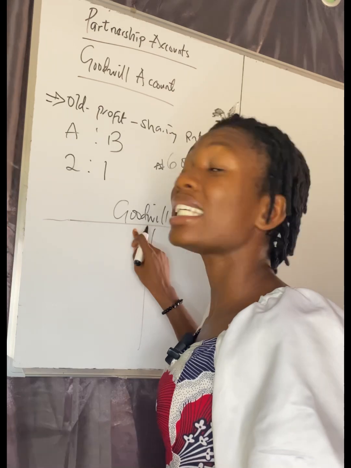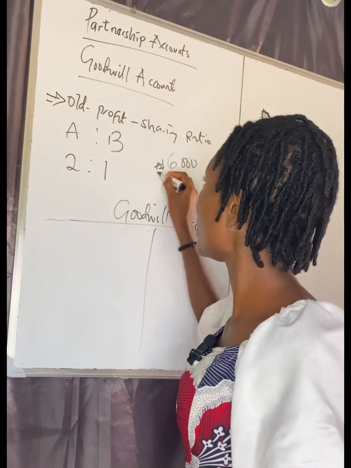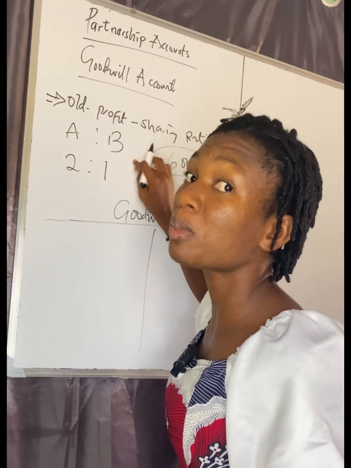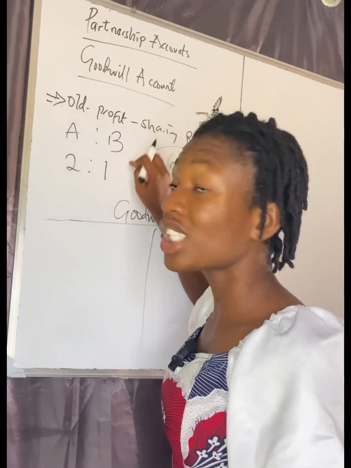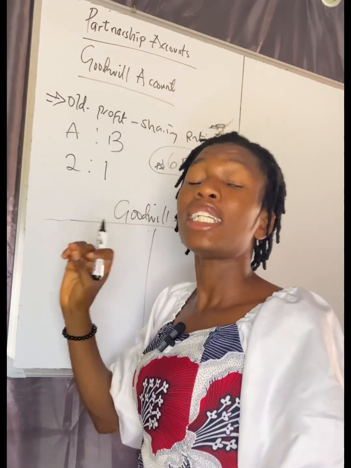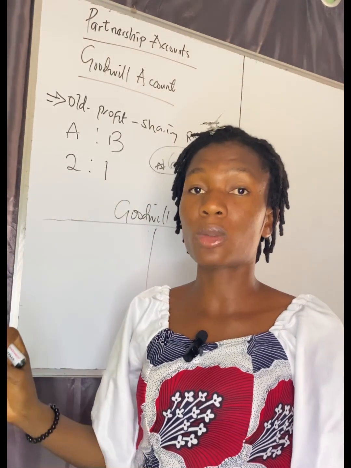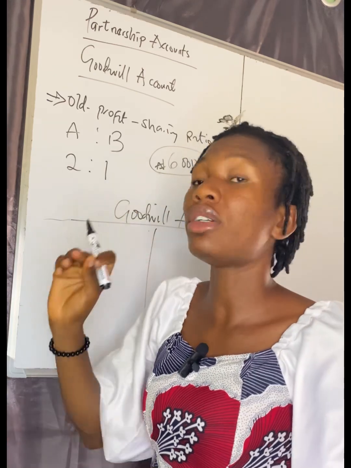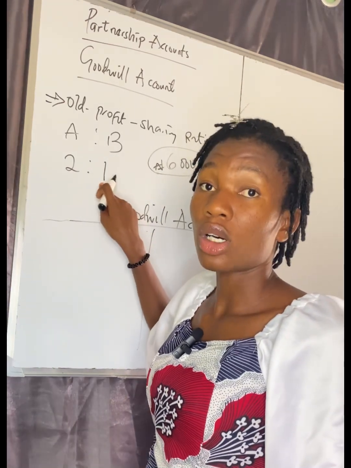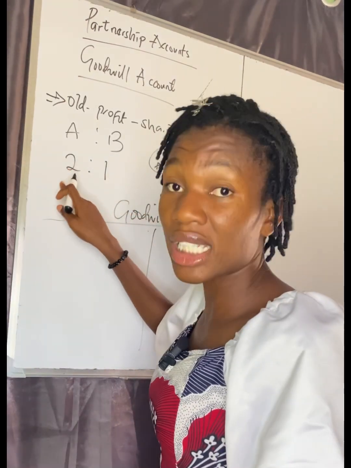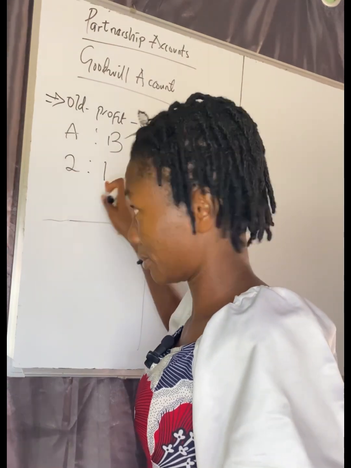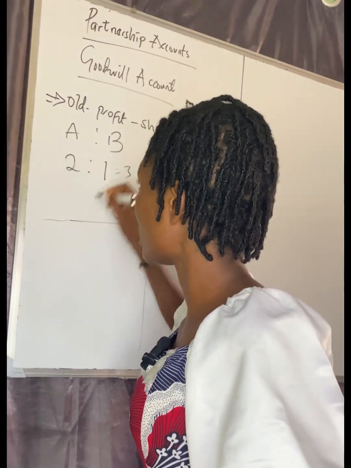Now to enter in our goodwill account, we are going to be sharing this amount among the old partners in the old profit sharing ratio, which is 2:1. If you want to share like we do, you add 2 and 1 to give us 3.